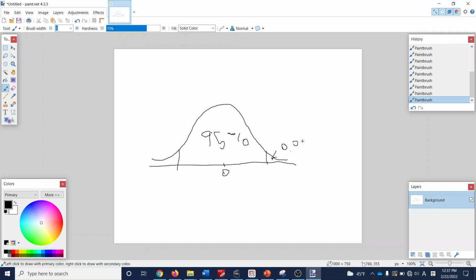So what do you get? 0.025. Sorry for my awful handwriting, it's hard to draw with the mouse pad. So you have 0.025, and that means you're really looking at the 97.5 percentile.